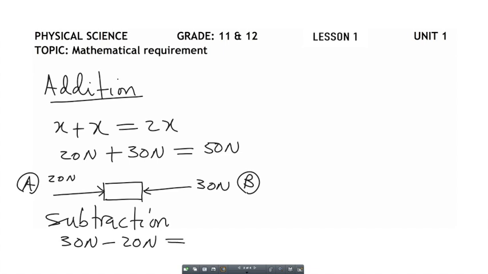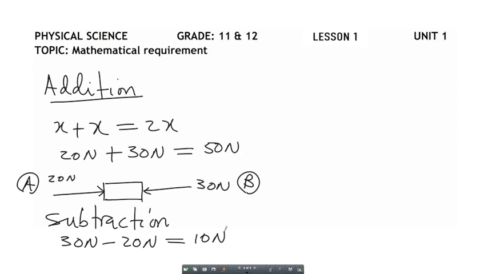This will give us the difference of 10 Newton, which is regarded as the resultant force. So that's why I stated earlier that when we are talking about addition, subtraction, multiplication, division, those are necessary requirements that must be understood before you venture into the subject itself, to go into the main content.